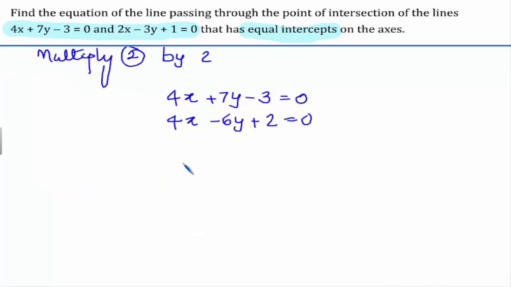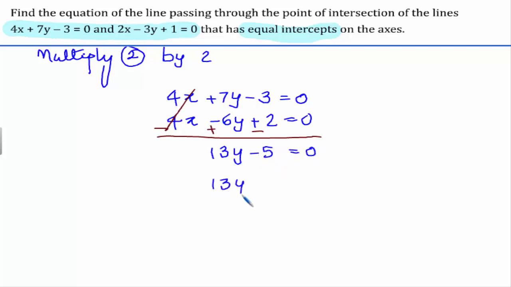Now let us subtract the second equation from the first. Then 4x gets cancelled, and we get 7y plus 6y is 13y minus 5 is equal to 0. Here we get 13y is equal to 5, so y will be 5 by 13.